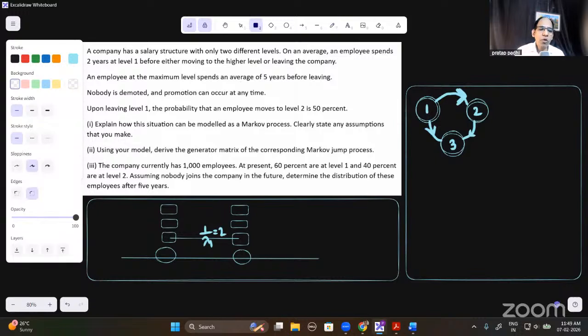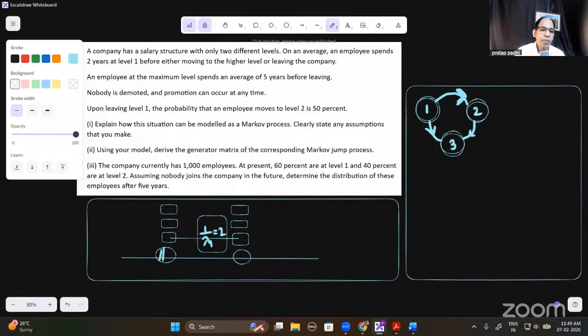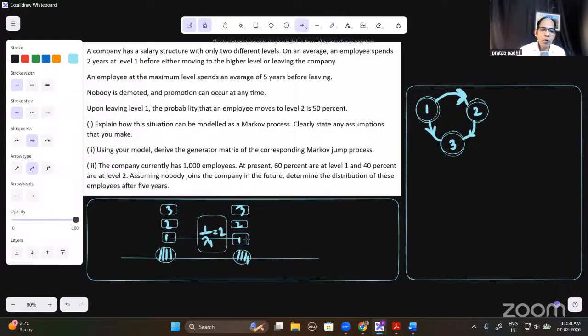So levels are 1, 2, and 3 means leaving. Now it makes a transition at this point to 2 or 3. Two options are there. Either it will make a transition to 2, as in the state diagram, or it will make a transition to state 3.